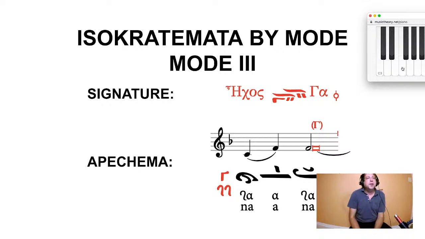Third mode has quite a few changes in isokratima. It's ra, pa, ni. Those are the usual three that you have to kind of go back and forth with. So, for example, we can take a look at this next doxa.